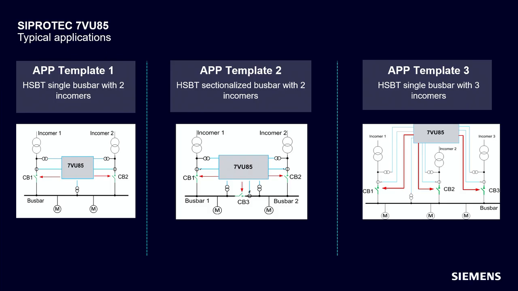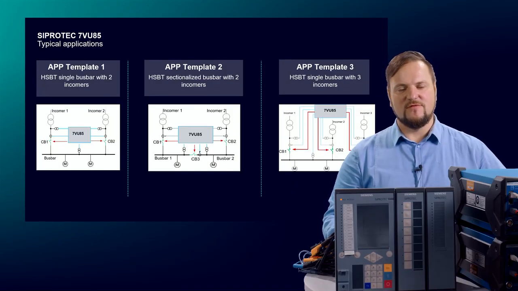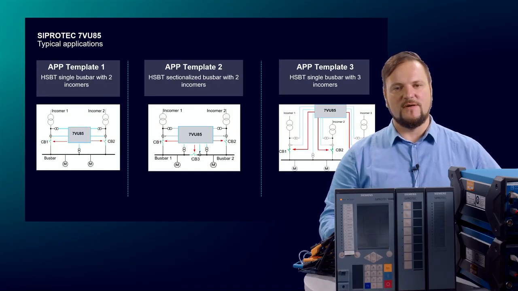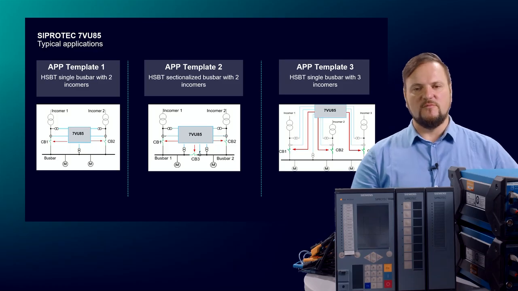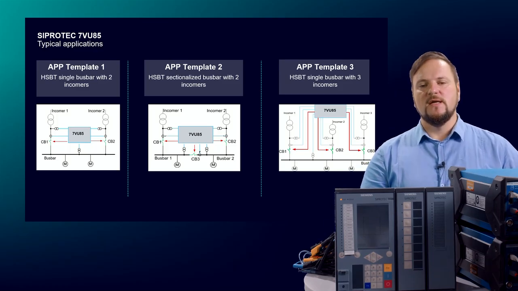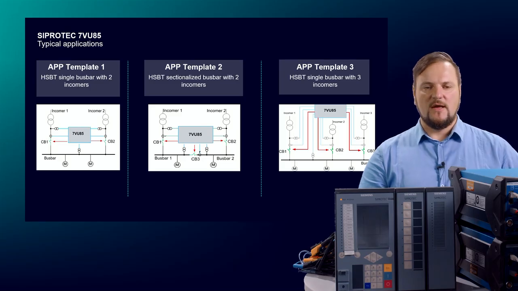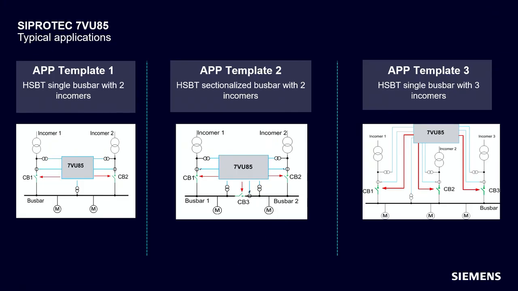That means 2 incomers and 1 single busbar. In the middle, we have 2 incomers and 1 tie CB in the middle, so that means there's a sectionalized busbar. And on the right-hand side, we have a typical application for the industry, where we have a single busbar with 3 incomers. And everything can be covered by 1 single device.